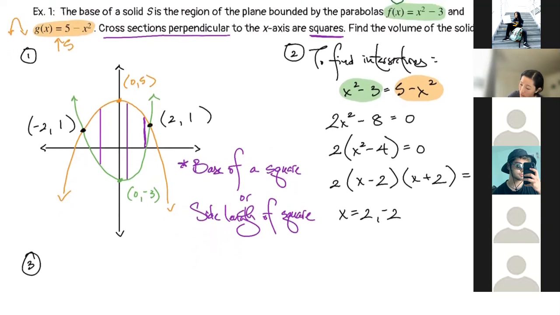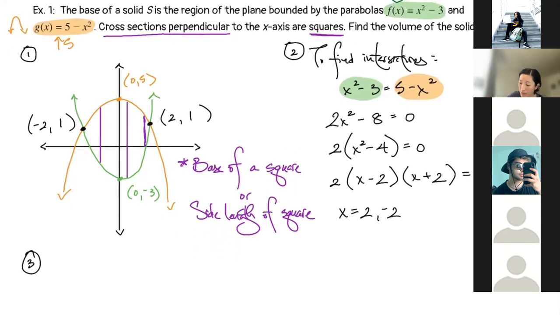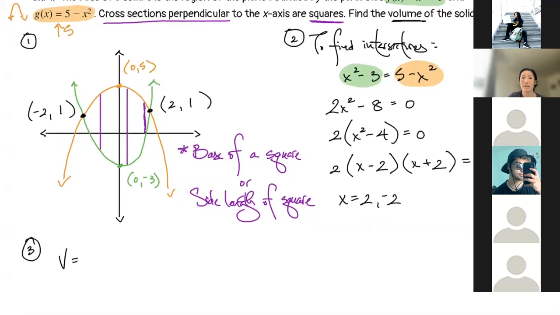So we are finding not the area, but the volume. And since we're finding the volume, we don't want to write A equals, we want to write V equals. Now it turns out that if we take every single square in here, we find the area of every single square and we add them all up together, we'll get the volume of the shape.